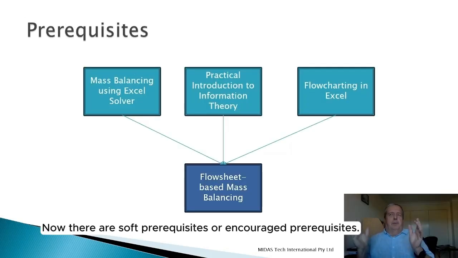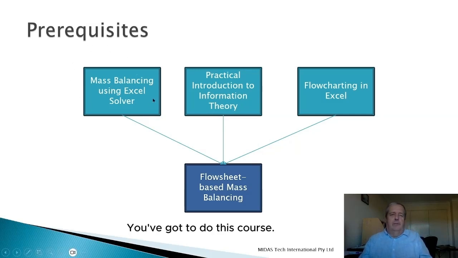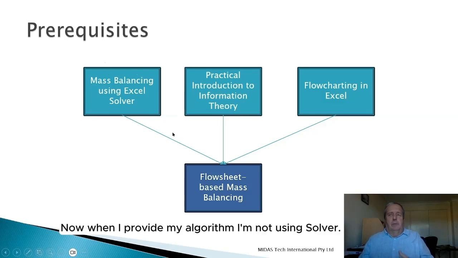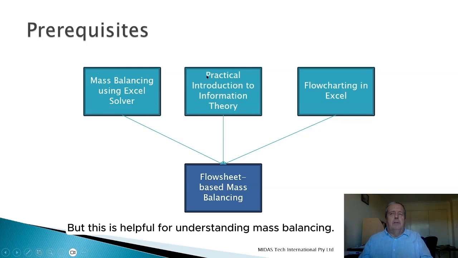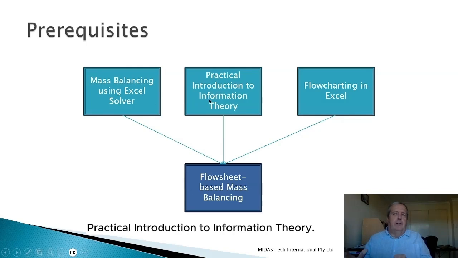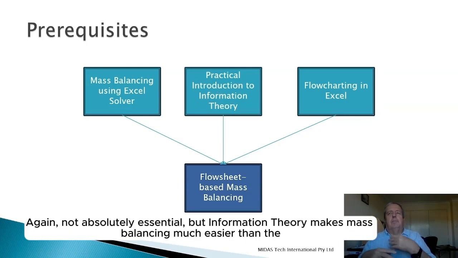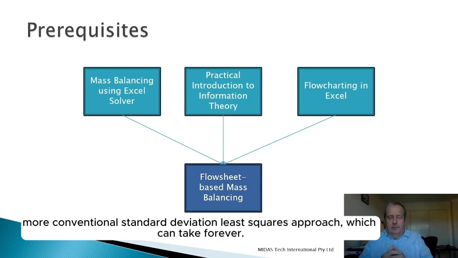Now, these are prerequisites or encouraged prerequisites. If you don't know what mass balancing is, you've got to do this course, mass balancing using Excel Solver. Now, when I provide my algorithm, I'm not using Solver, but this is helpful for understanding mass balancing. Practical introduction to information theory, again, not absolutely essential, but information theory makes mass balancing much easier than the more conventional standard deviation least squares approach, which can take forever.